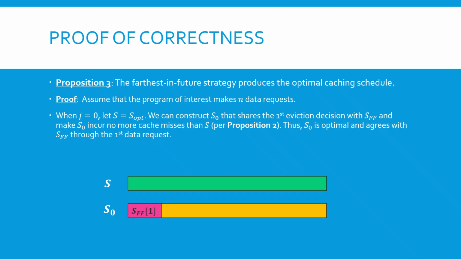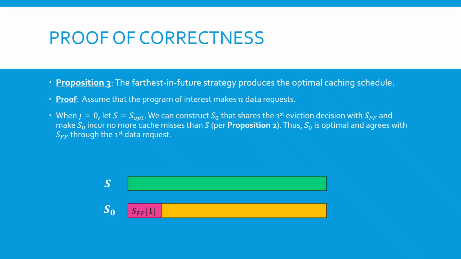Finally, we prove the optimality of the greedy strategy by induction. Recall proposition 2. If a schedule S and SFF agree on the first J requests, then we can construct a schedule S prime that agrees with SFF on the J+1th request and causes no more cache misses than S. For the base case, J equals 0, let S be an optimal schedule.